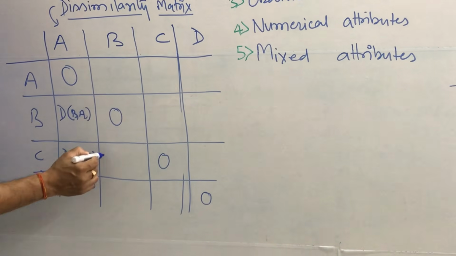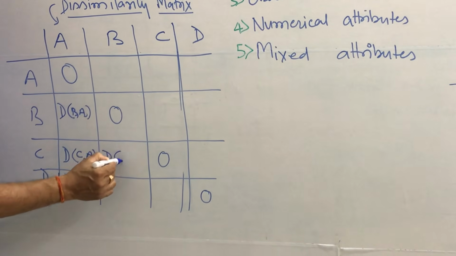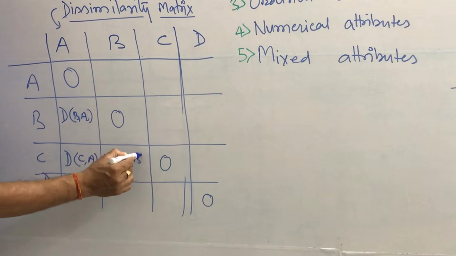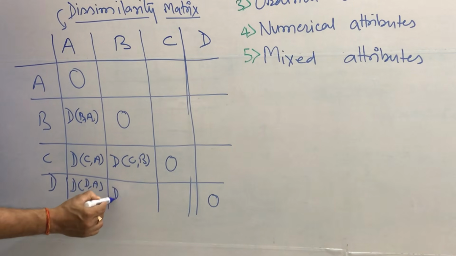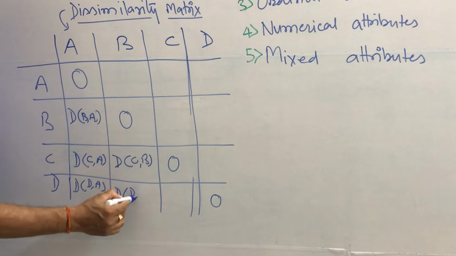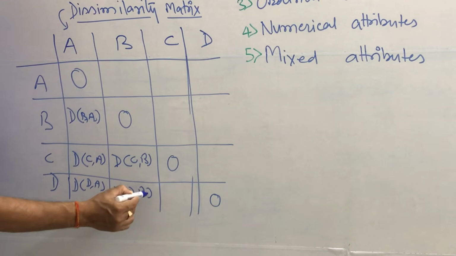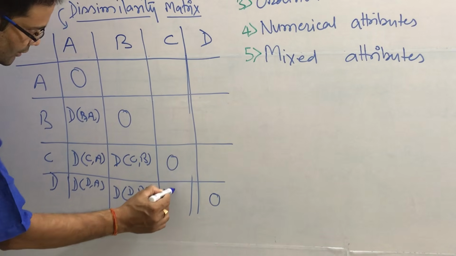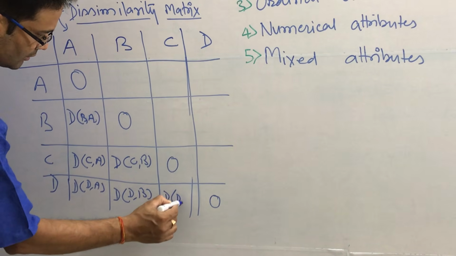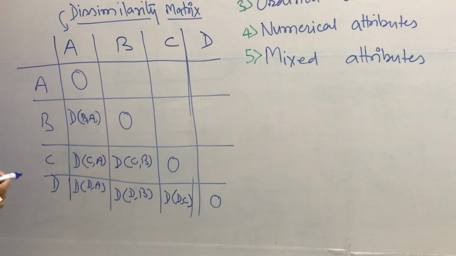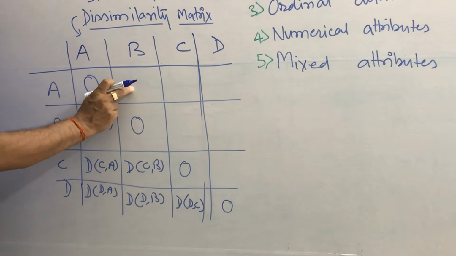Now here it will become d(C,B), and this would be the distance between D and B and D and C. But what is the value of these?